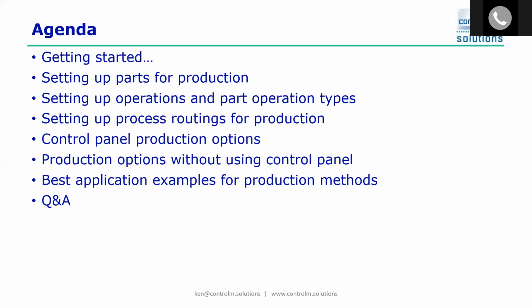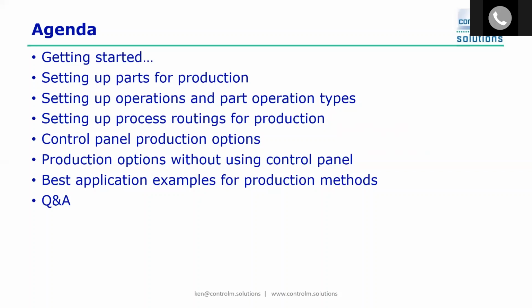We're going to talk about how you get started though with the thought process, how you set up parts for production, what you should be thinking about there, how you set up operations and part operation types, setting up process routings for productions, and then what are some of our control panel production options? Some of those that are standard, some of those that might not be standard that you may not know about.